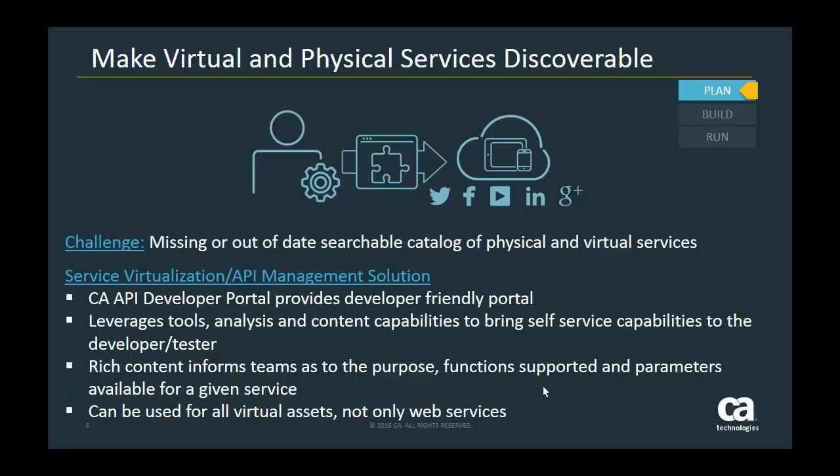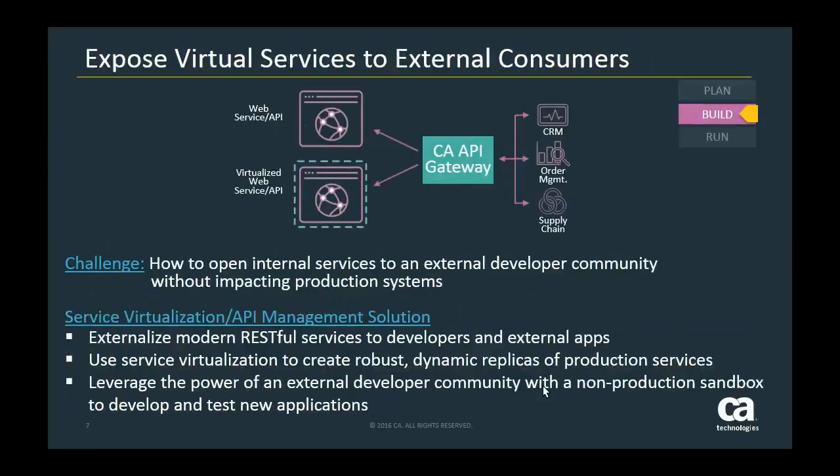So the same way that we would put our live endpoints into the portal, we can also put the virtual endpoints in there so that when developers are browsing to find the right API to utilize, maybe before the real one's available, they could look and find the virtual instance of that API and begin their development or testing against that.